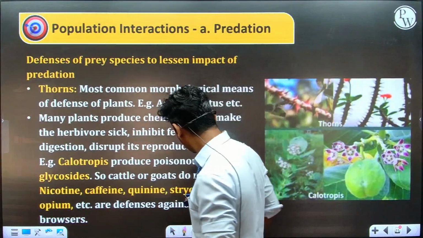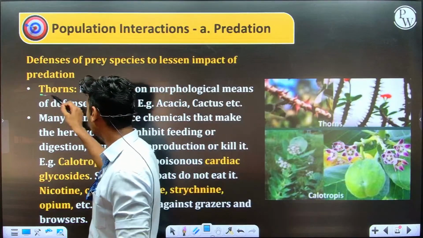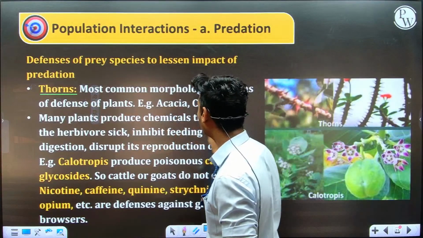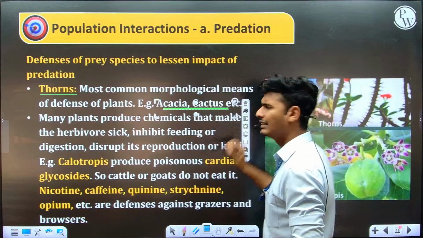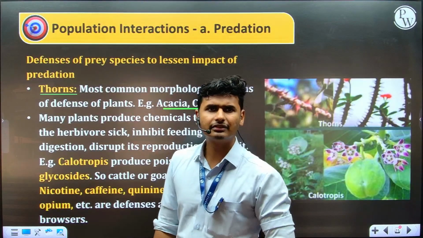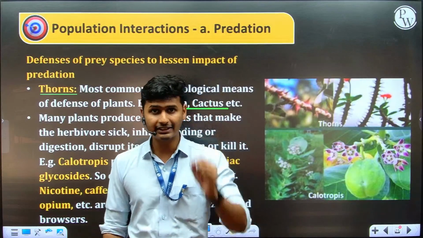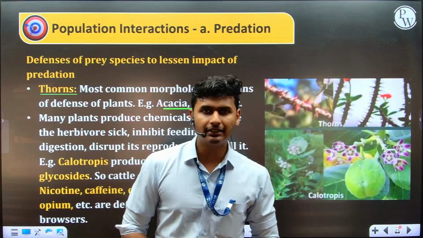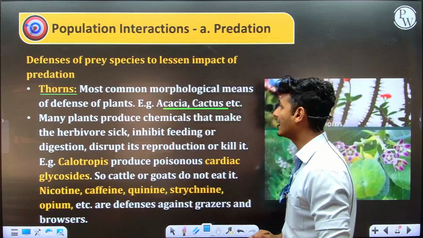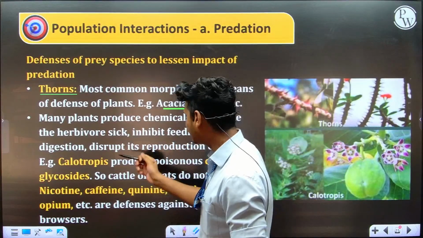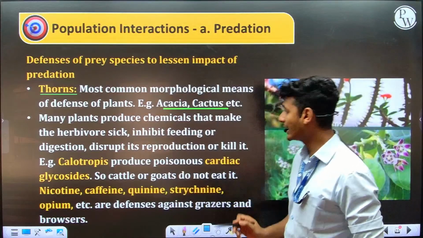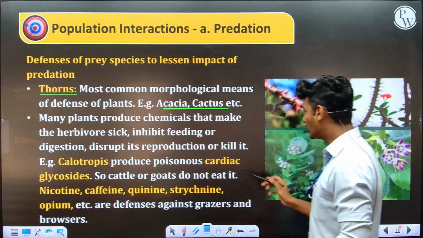Sometimes there is a specific structure, that is thorns, the most common morphological means of defense of plants like acacia, cactus, and in species like citrus. There is a small spiny structure present on the plant for defense from browsing animals. Many plants produce chemicals that make herbivores sick. An example is Calotropis, which produces poisonous cardiac glycosides, so cattle or goat do not eat it.